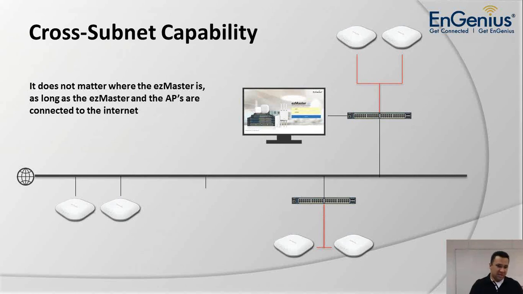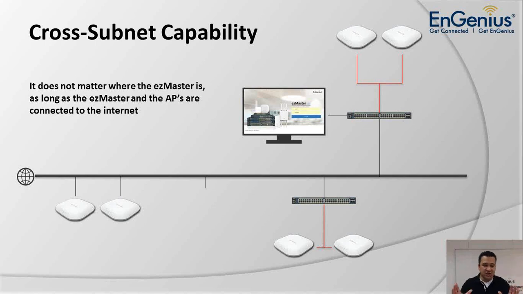Cross subnet capability. Please remember, as I mentioned before, it would be possible to manage access points directly by the EasyMaster, but you will not have all the features available. But what we have in EasyMaster is the cross subnet capability. So the big difference between the Neutron Switch and the EasyMaster is the cross subnet capability.